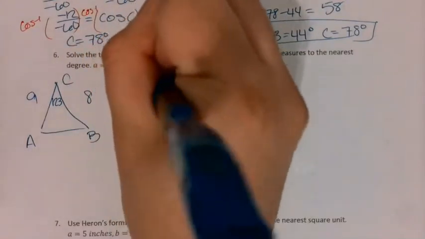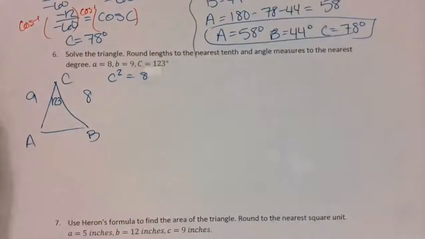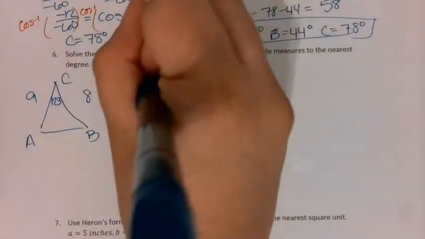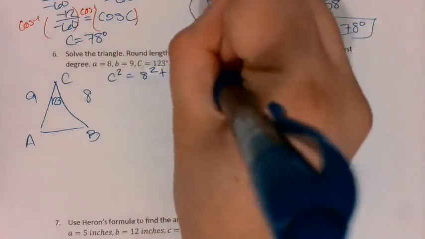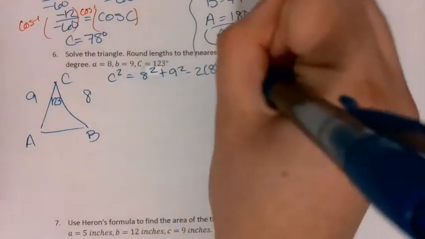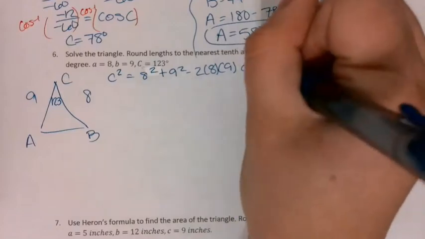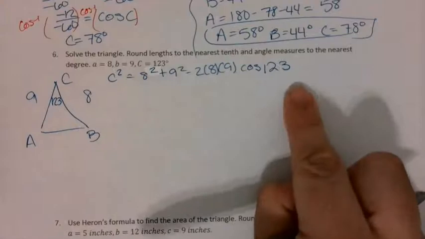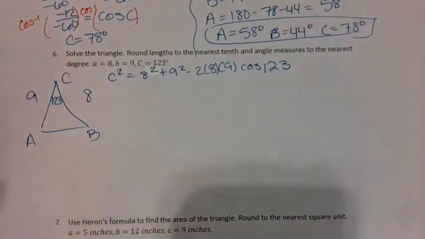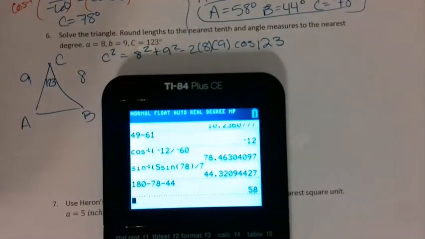C squared equals 8 squared plus 9 squared minus 2 times 8 times 9 cosine 123. Because this is all on the right side of the equation, I can type that straight into the calculator.